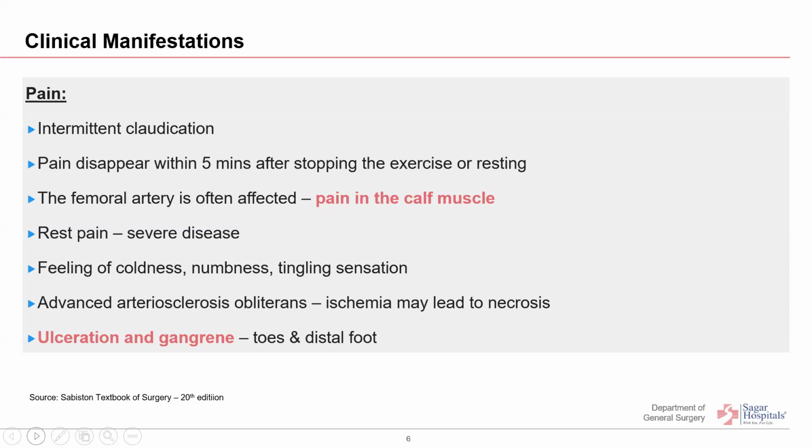Supply is less, so, sorry? The blood supply is less over the toes. See, the thing is the obstruction or the occlusion is in the femoral artery, but the first manifestation happens in the toes. Why? It's a simple answer.